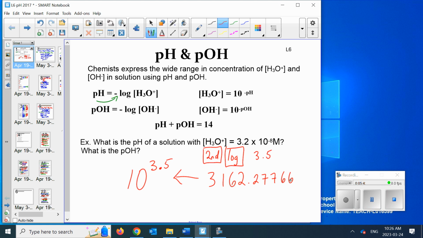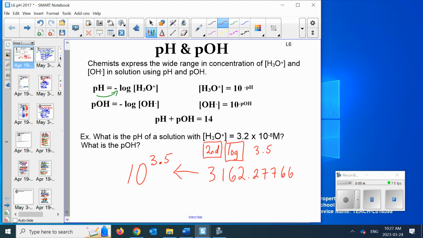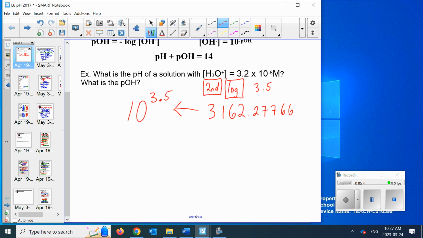Now, here's what I want you to do now on your calculator: what is the log of 3162.27766? It should be 3.5, but it might be rounded a bit.